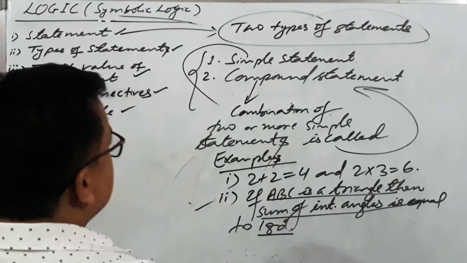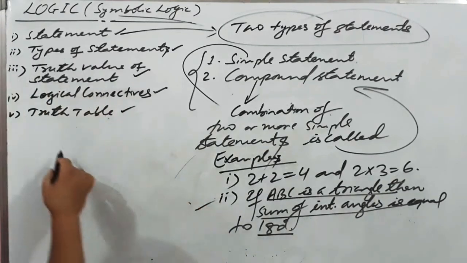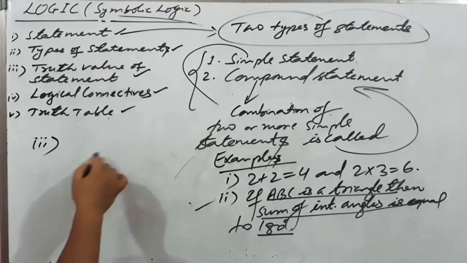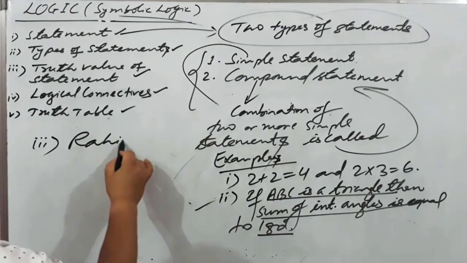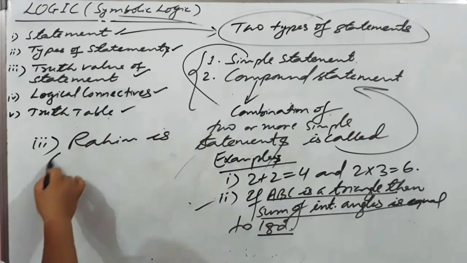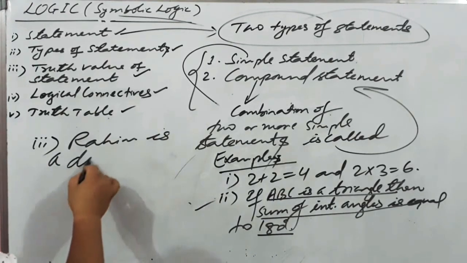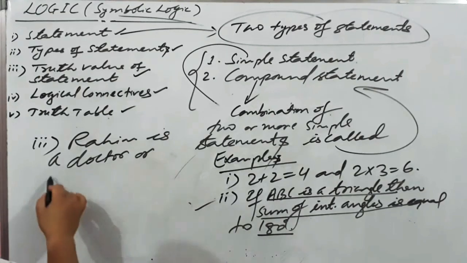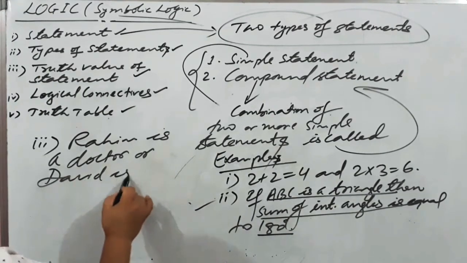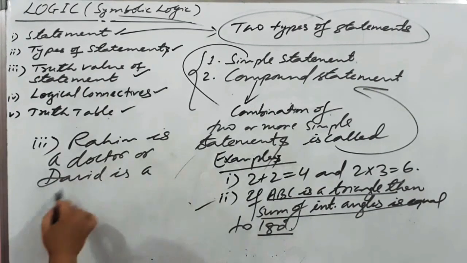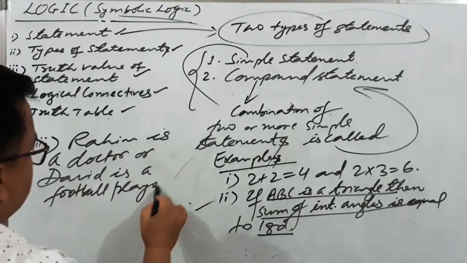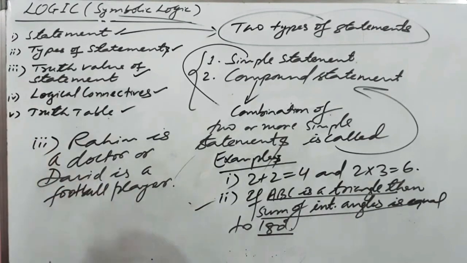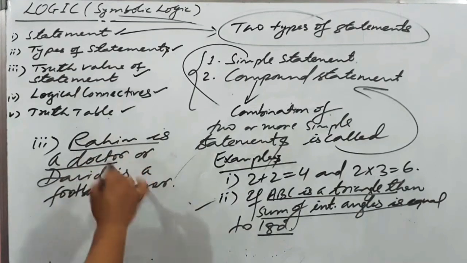Okay, let's see the next example. Third example: Rahim is a doctor, or David is a football player. Rahim is a doctor is one statement.